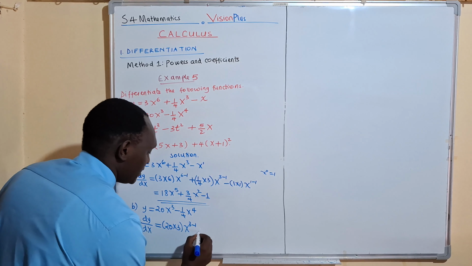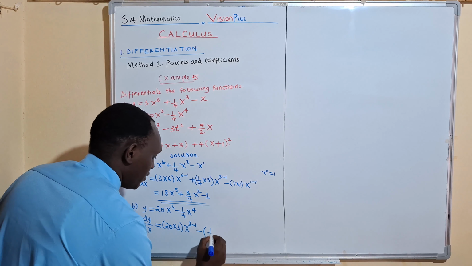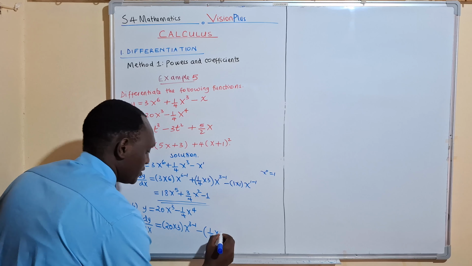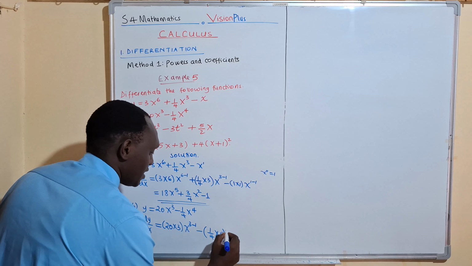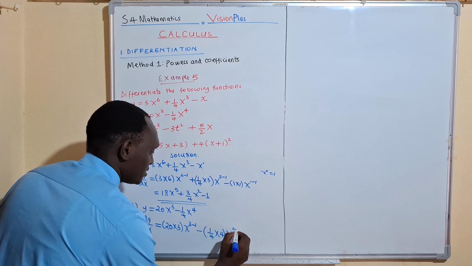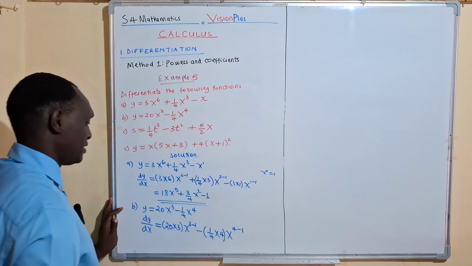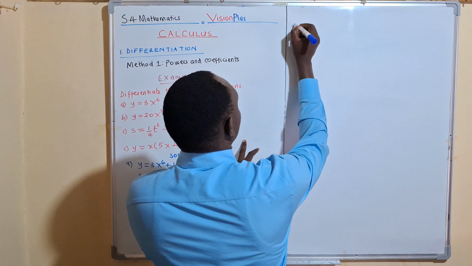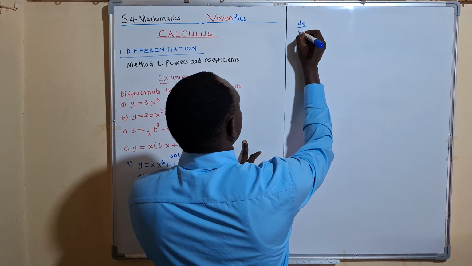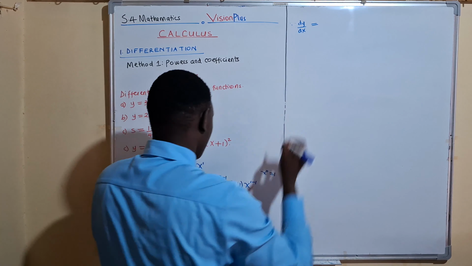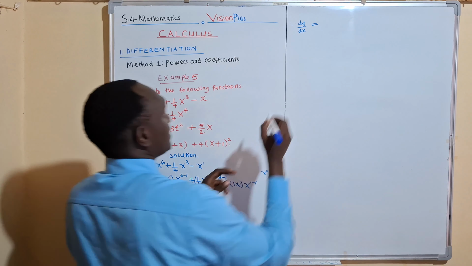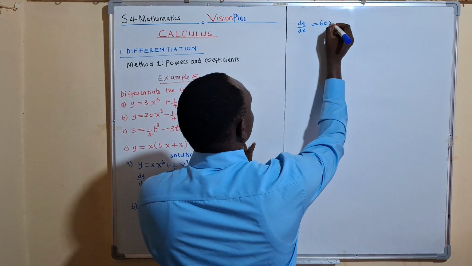Okay? And then minus 1 out of 4 times, we lower 4 times 4. And then you have x. Now the new power becomes 4 minus 1.